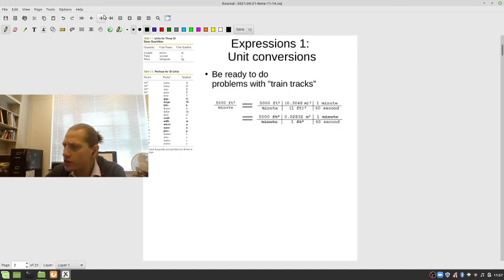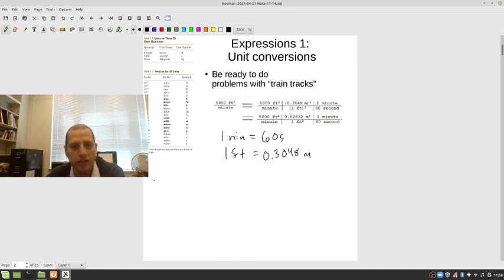Okay, so the first thing that we did that was sort of a little counterintuitive was having to change units from one type of unit to another. Now, let's say that in this particular case, we have feet cubed per minute, and we know that 1 minute is 60 seconds, and we know that 1 foot is 0.3048 meters.